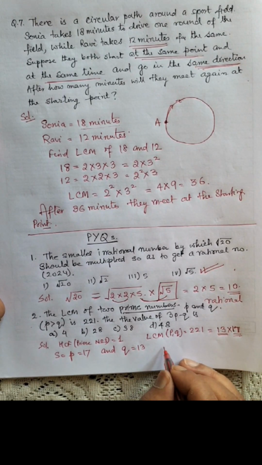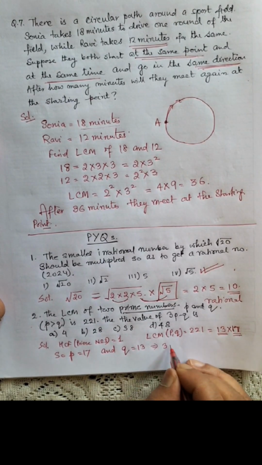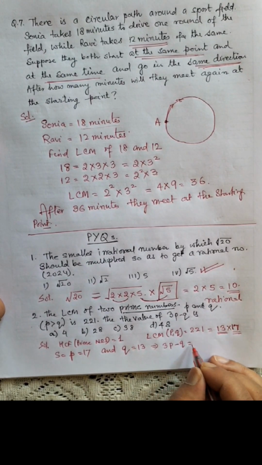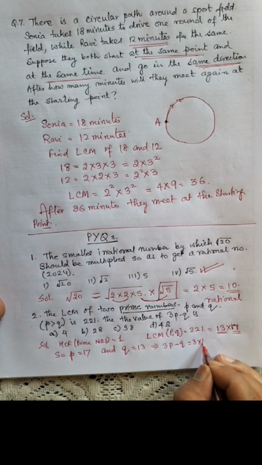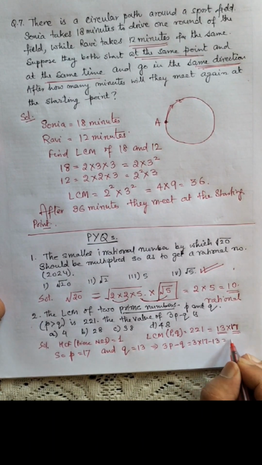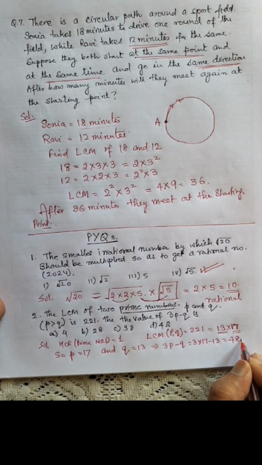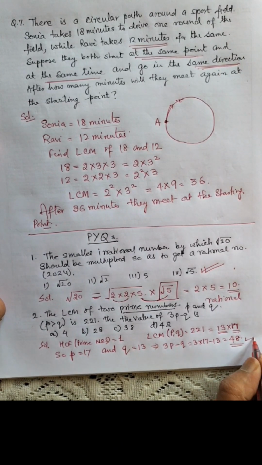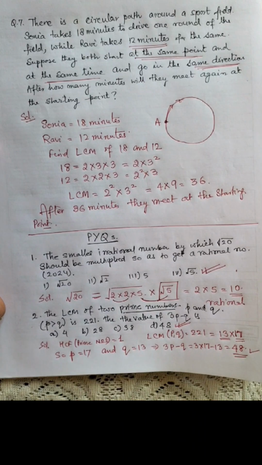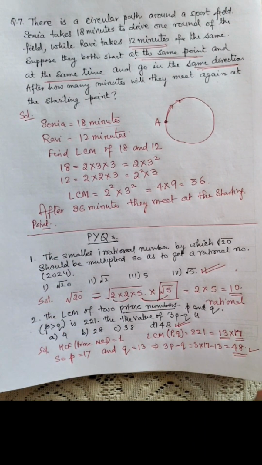That implies 3P minus Q will be 3 times 17 minus 13, which is nothing but 48, our final answer. In this case, the answer is D. So let us see a few more questions quickly.